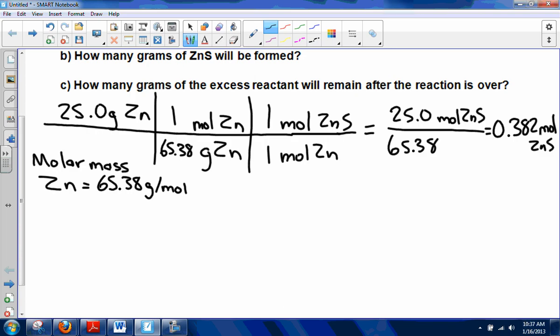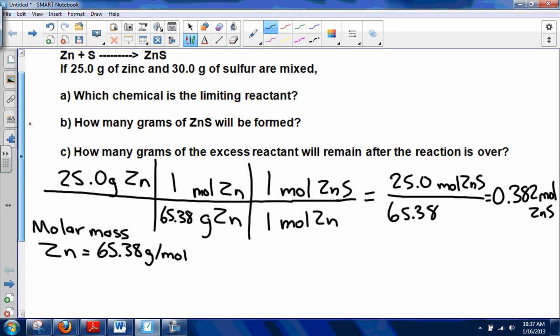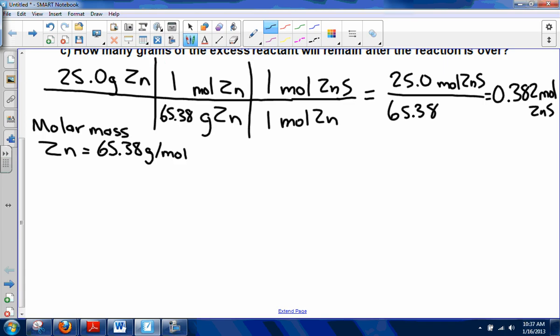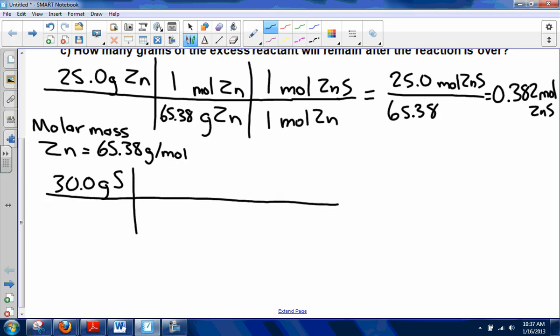Now I'm going to do the same thing again, but I'm going to start with my other reactant this time. Just 30 grams of sulfur. Okay, so I've got 30 grams of sulfur. I don't want my answer in grams, so I'm going to put grams of sulfur on bottom. I've only got one conversion factor that has grams in it. That's molar mass.